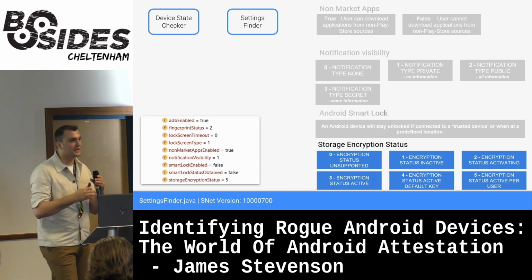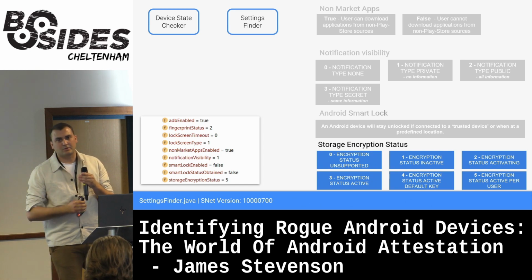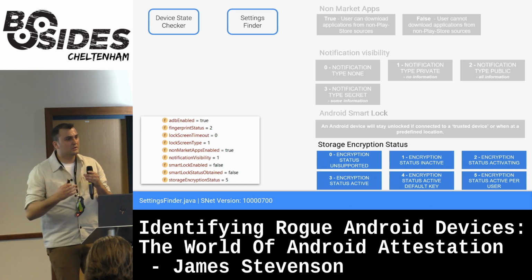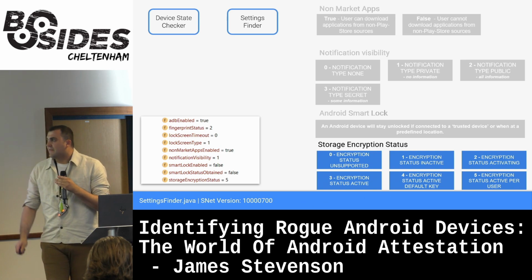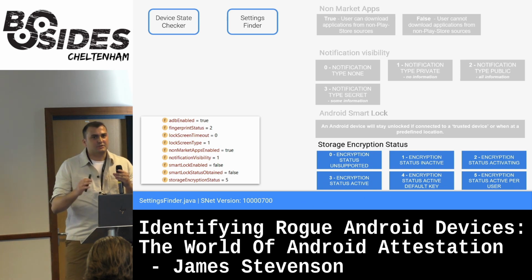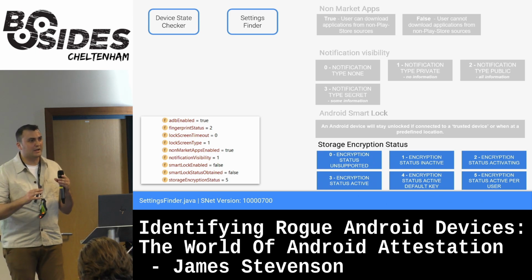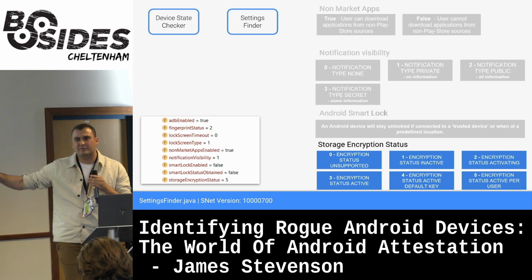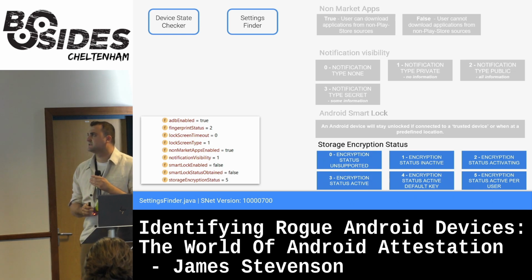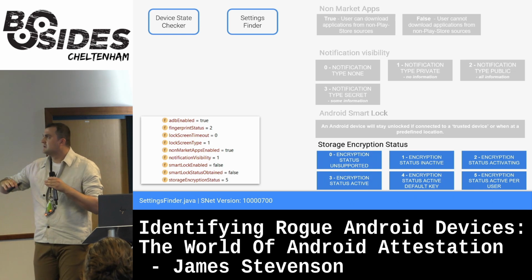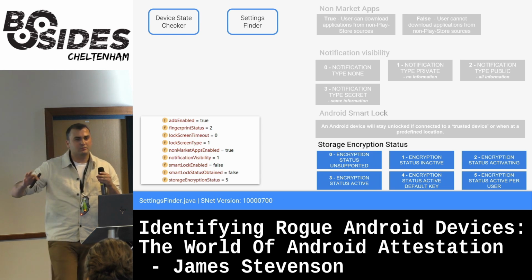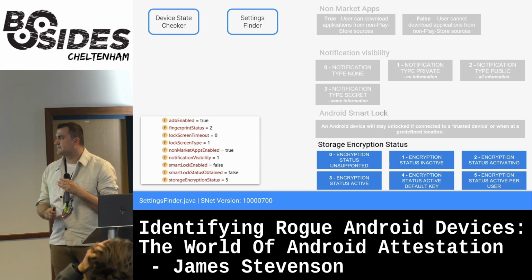Just because ADB is enabled or just because non-market apps are enabled doesn't mean one way or another if a device is rooted. And this probably hints that Google is using some sort of large machine learning model for this computation and for this analysis. Because at the one-off scale, this information probably doesn't hint at a device being rooted or not. But on the scale of data that they have access to, you can start to build those patterns.